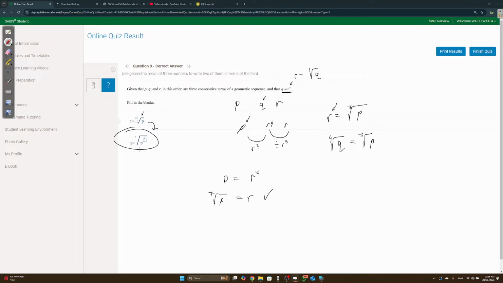But don't forget, I'm trying to write it in terms of q, right? Whatever, like I want to make q alone. So to do that, I need to do power 4. So q is going to be equal to 7th root of p to the power 4. When the power is less than the index, it goes inside. Okay? So you're going to get this.